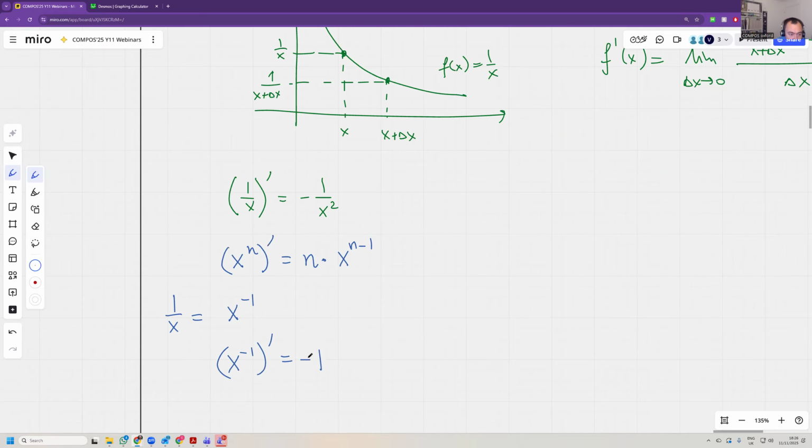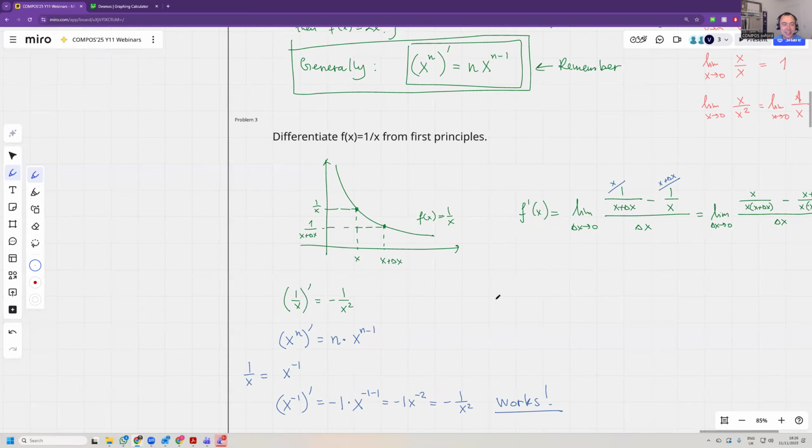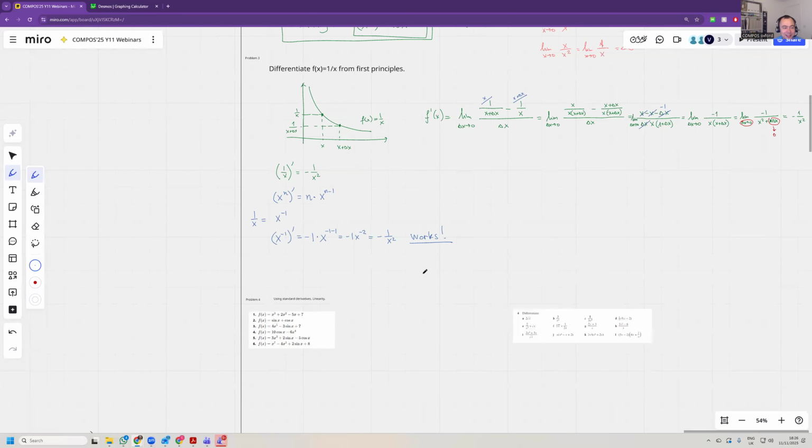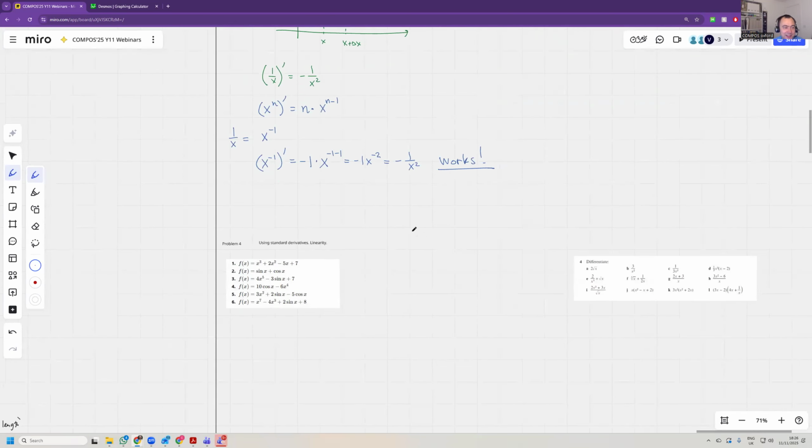So the formula gives minus 1 multiplied by x to the power minus 1 minus 1, so minus 1 times x to the power minus 2, which is minus 1 over x squared. So the formula works. Okay, I hope that makes sense. Using standard derivatives, the standard results that we need today.